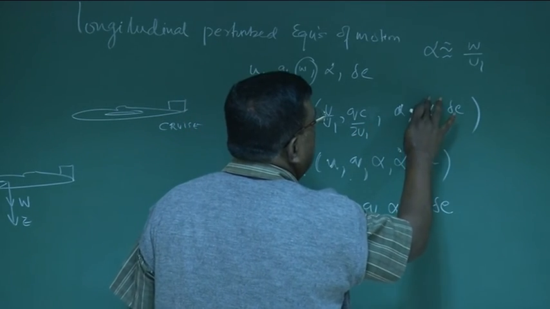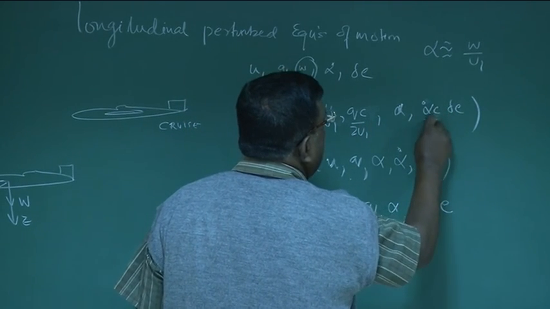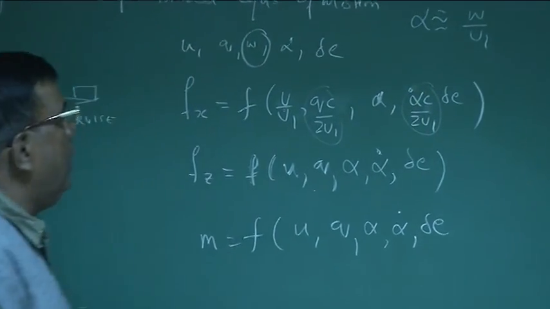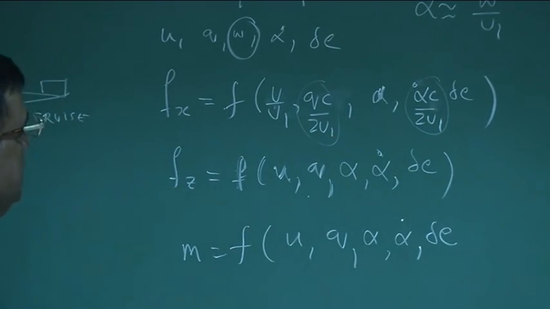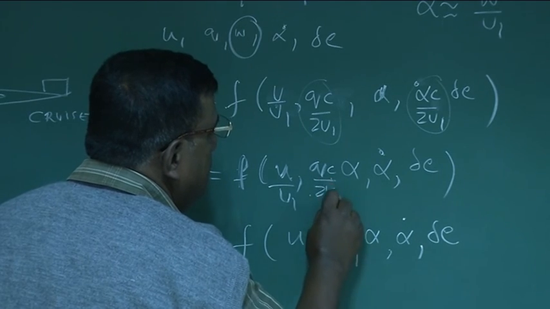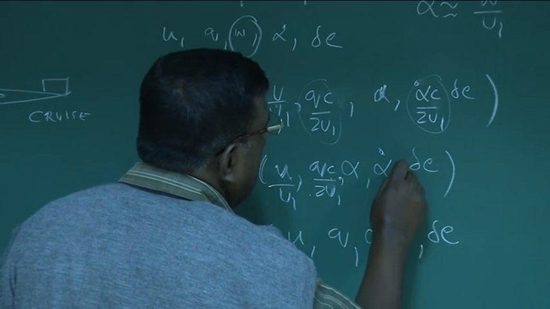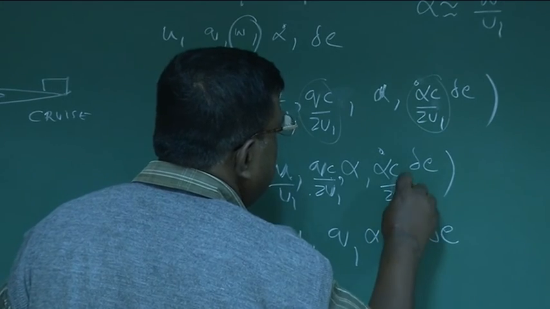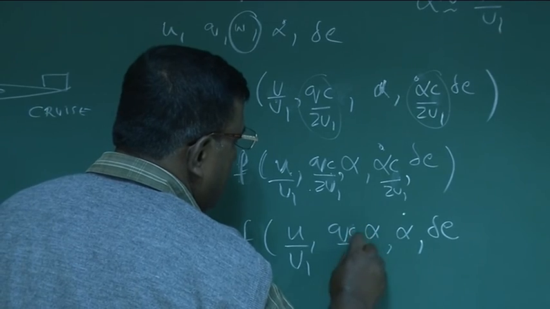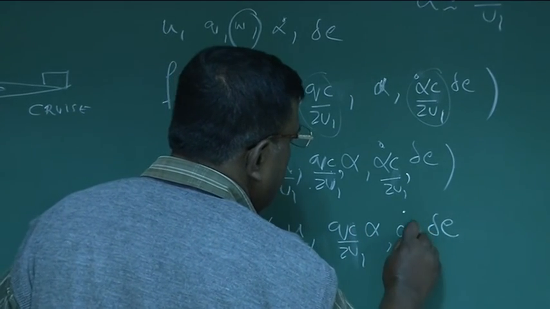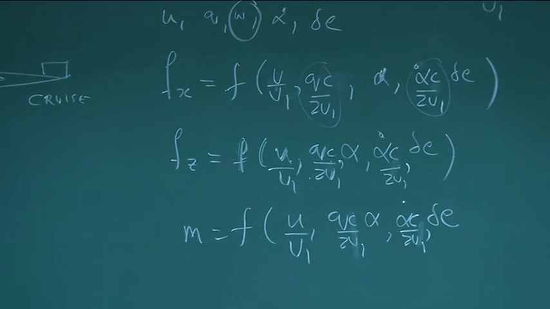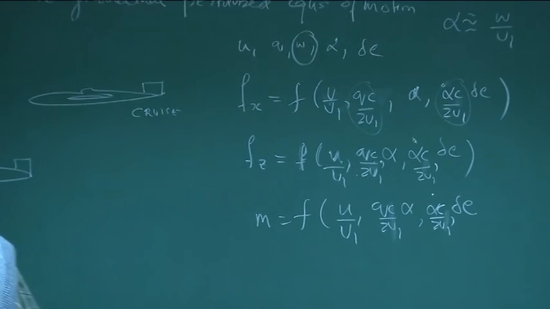Instead of alpha dot, we will write alpha dot c by 2U1. Because they are non-dimensional. Okay? All are non-dimensional, you see. Similarly here, again u by U1, qc by 2U1, then alpha dot, again alpha dot c by 2U1. Similar story here, this is qc by 2U1, alpha dot, again alpha dot c by 2U1. Because simply q and alpha dot, they have dimension radians per second, right?